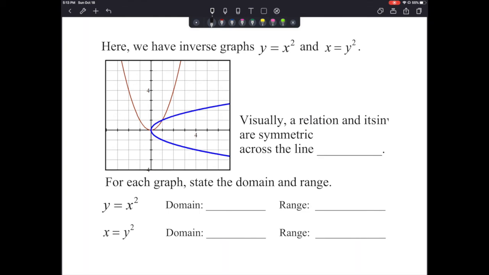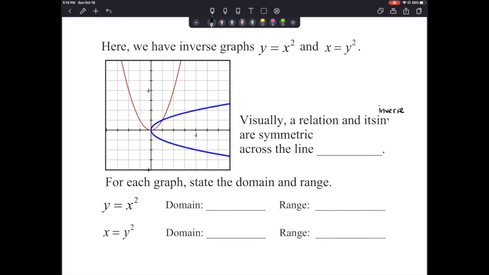Here we have the inverse graphs, y equals x squared and x equals y squared. It says visually a relation and its inverse are symmetric, right? So this is supposed to say, and its inverse. Sorry, something happened there.